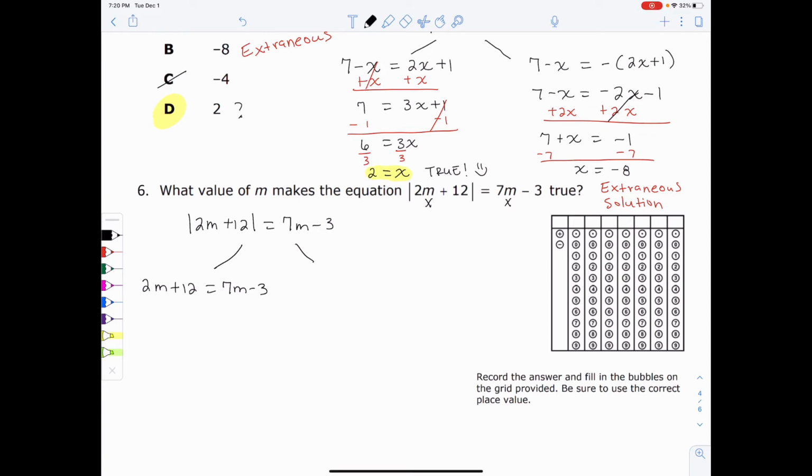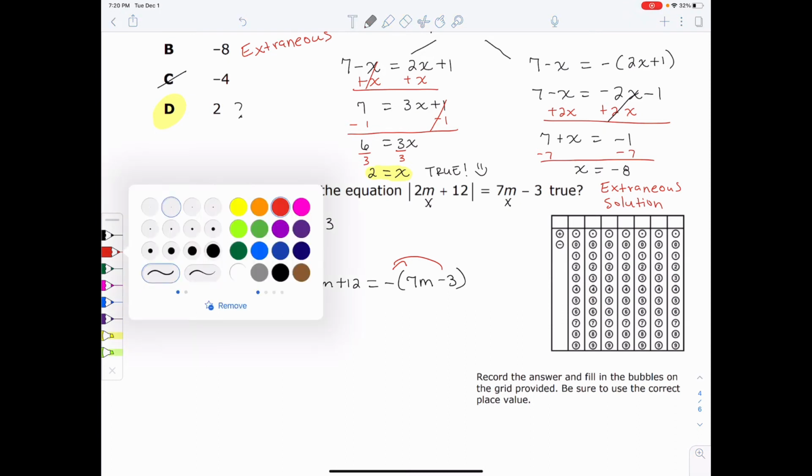So your first equation is always exactly the same thing without the absolute value symbols. And the other equation will be the negative of 2m plus 12. And on this one, once again, because you have more than one term, you have to ensure that the negative goes to both of them. So use parentheses to remember to distribute it. So we'll get to that later. Let me solve this one first.